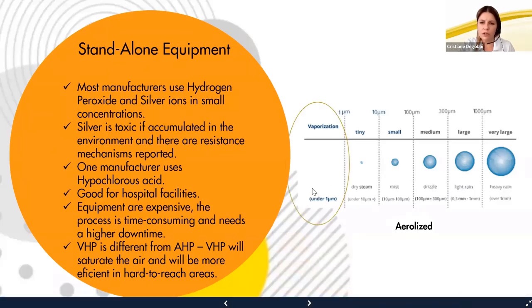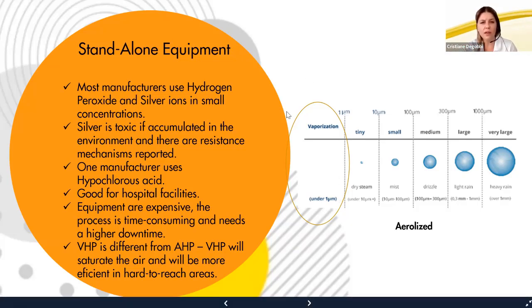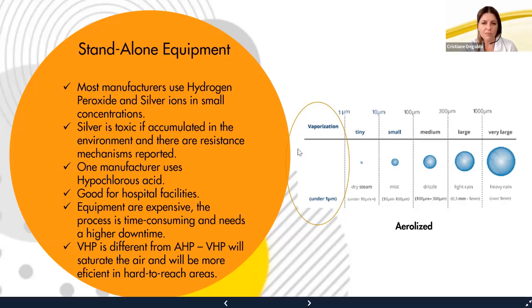The good ones are going to be the ones that use particles less than 1 micrometer. Okay, they are very, very tiny and small, so they will reach those areas that sometimes the cleaning staff overlooks when they are cleaning or disinfecting surfaces. So they are very good for hospitals, clean rooms, and so on. But make sure that you find one that uses a vaporized solution.